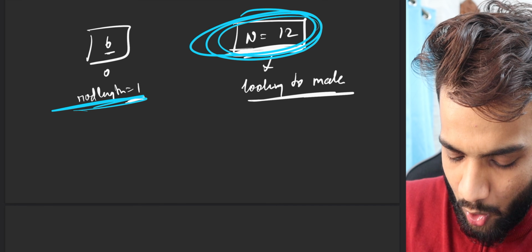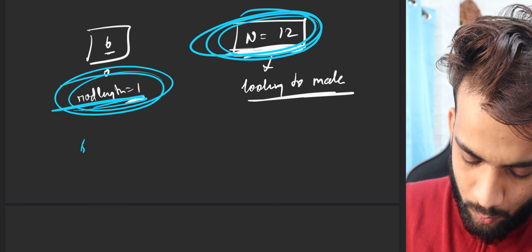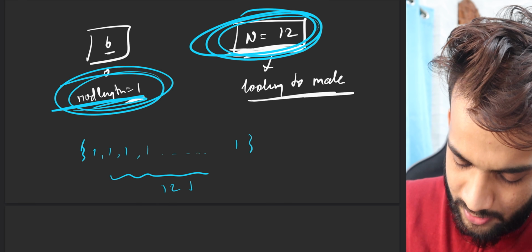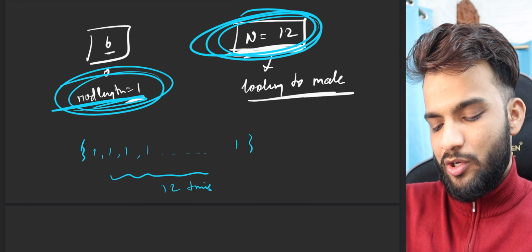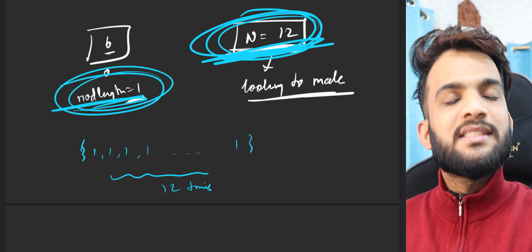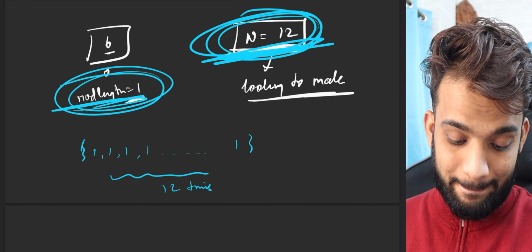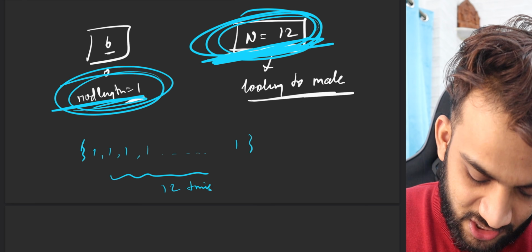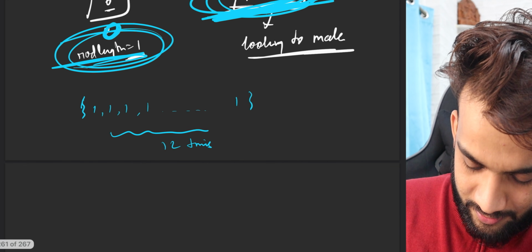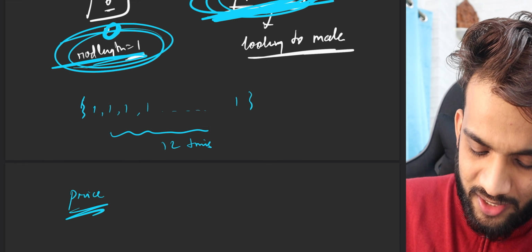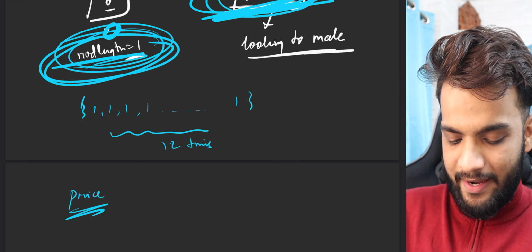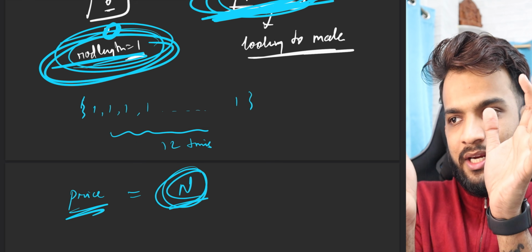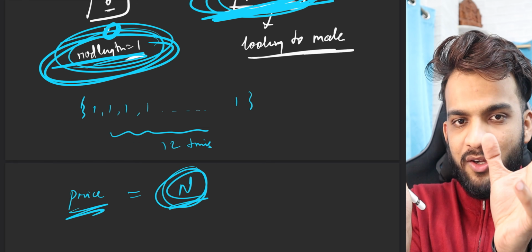Because over here, the rod length is 1. So if you take 1, 1, 1, 1, and so on, 12 times, can I say that will make this remaining length 12? Yes, it will. So whatever n is left at index 0, because the rod length is 1, if the remaining length is n, it will require n rods of length 1.